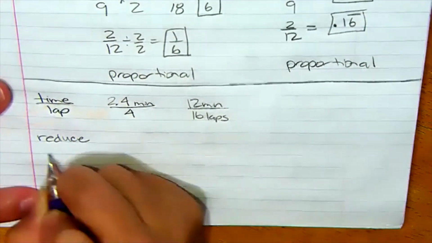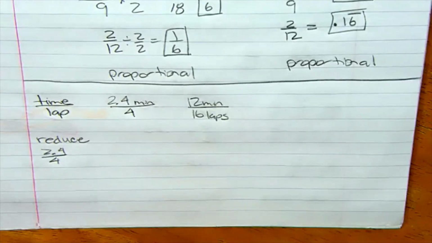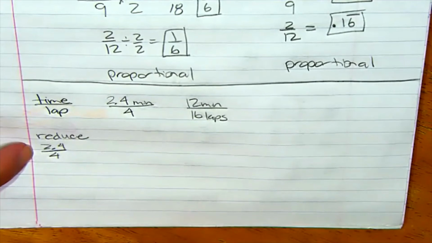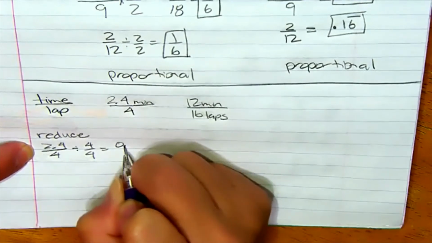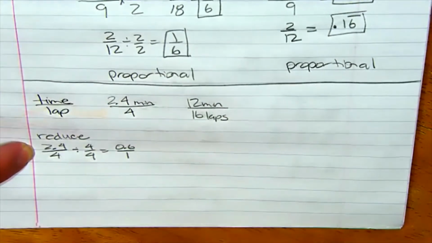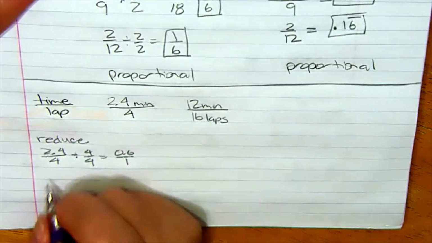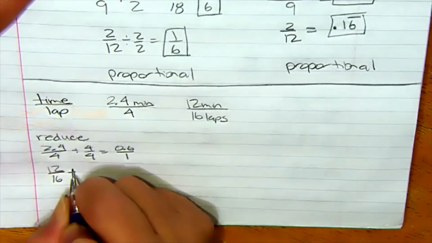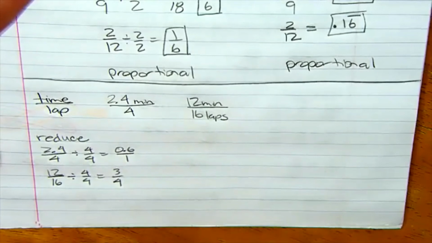So the first thing, let's reduce 2.4 over 4. Well, I can leave it like that, I guess, or I can reduce by 4, which is going to be 0.6 over 1. I'm not sure which I'm going to need, so let's see. 12 divided by 16. We can reduce this by 4 over 4 and get 3/4.